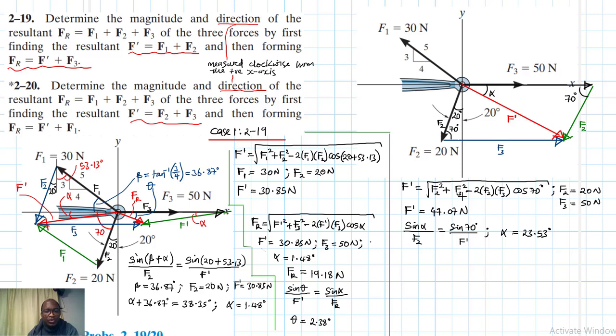What we need to do now is draw another parallelogram, this time with f prime and f1. The sizes don't look bad, maybe a little exaggerated. Let me use a straight rule.